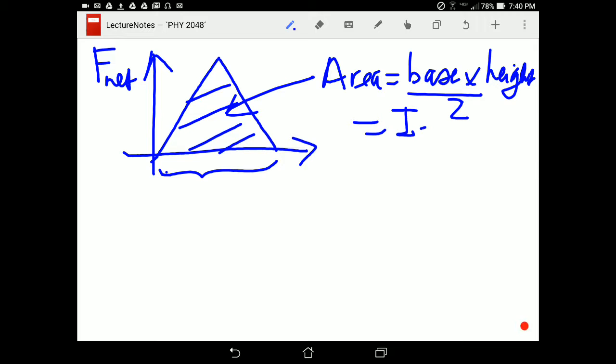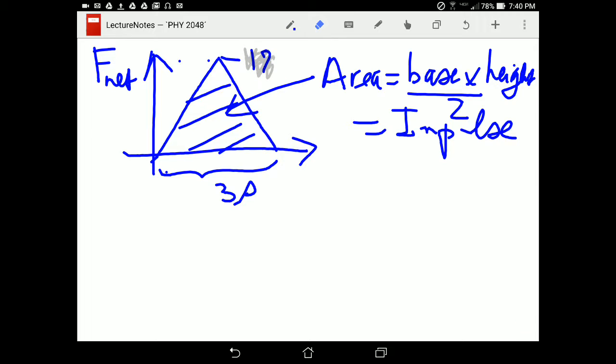So let's run through a quick numerical example just to solidify those notions. Suppose, for instance, that we have a case where the time here is 3 seconds, and the peak value here is, let's make it 8 newtons.